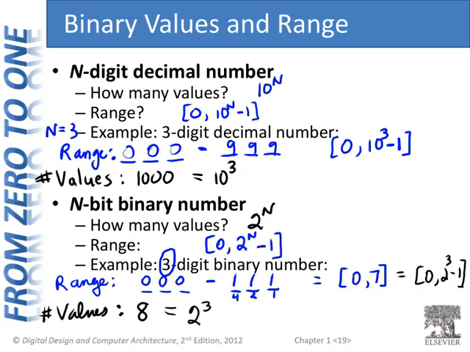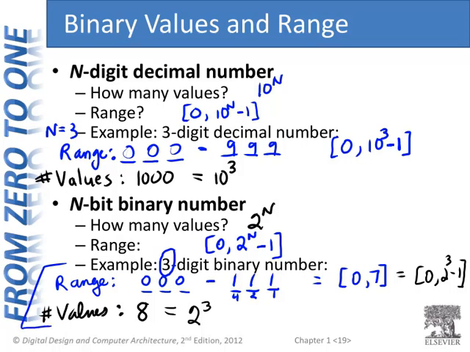So we did two things. We looked at a number system that we're very familiar with, decimal number systems, to help us understand binary numbers. And we used a relatively simple example to help us understand the ranges.